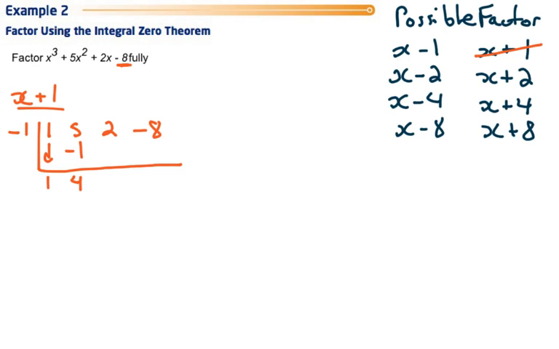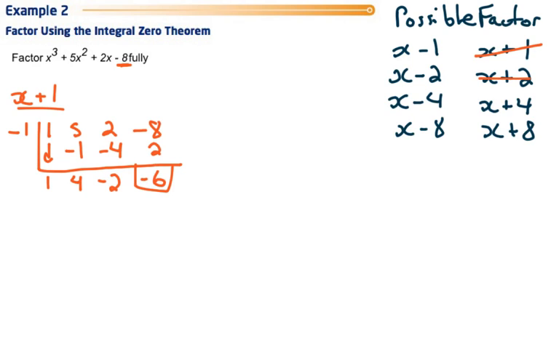Add, we get 4. Multiply, we get negative 4. Add, get negative 2. Multiply, get 2. And add, get negative 6. So since we have a remainder, x plus 1 is not a factor of this polynomial. We need to move on and try another one.